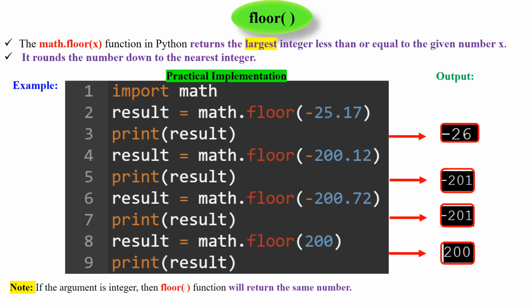The function returns the largest integer less than or equal to -200.72, which is -201, and is printed to the console. In line 8 and 9, the math.floor function is called with the argument 200. Since 200 is an integer, this function simply returns the same integer value 200, and is printed to the console.